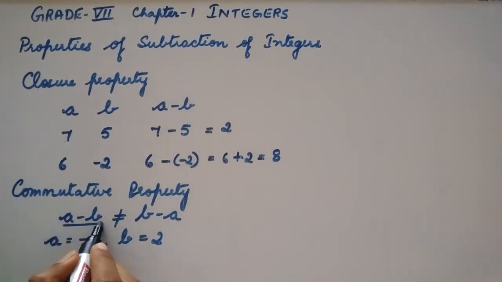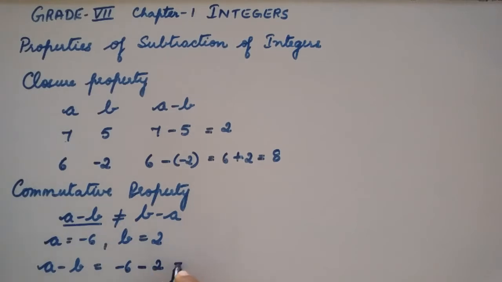First, let us check with a minus b. A is minus 6, minus b, which is 2. So minus 6 minus 2 will be equal to minus 8.